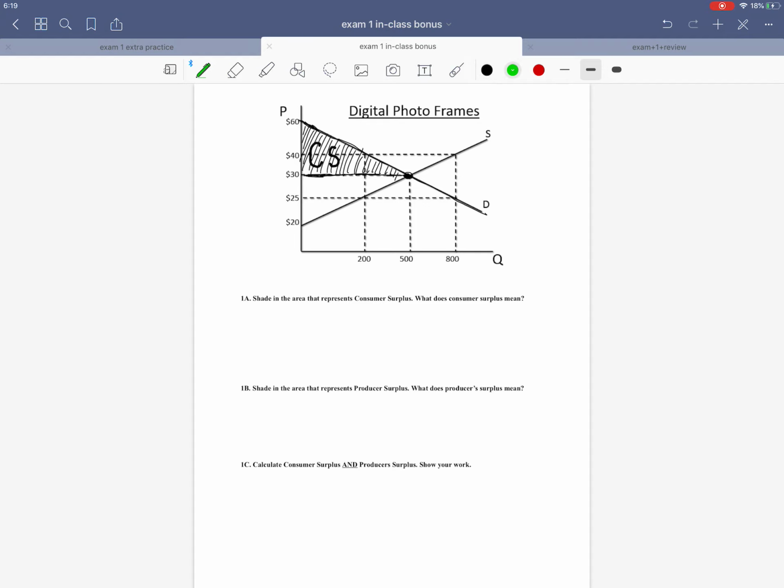Now for producer surplus, it's going to be the area above the supply curve because it represents the difference between what firms are willing to accept and what they actually receive. So it will be above the supply curve and below the market price.